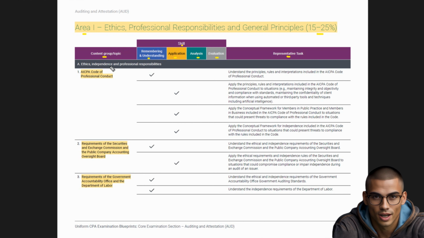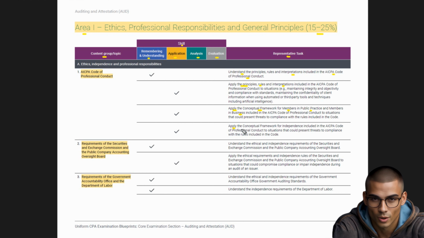So starting here with ethics, independence, and professional responsibilities, we have the AICPA Code of Professional Conduct. For this area, you're going to need to understand the principles, rules, and interpretations included in the AICPA Code of Professional Conduct. You're going to need to be able to apply those principles, rules, and interpretations. You're going to need to be able to apply the conceptual framework for members in public practice and members in business.